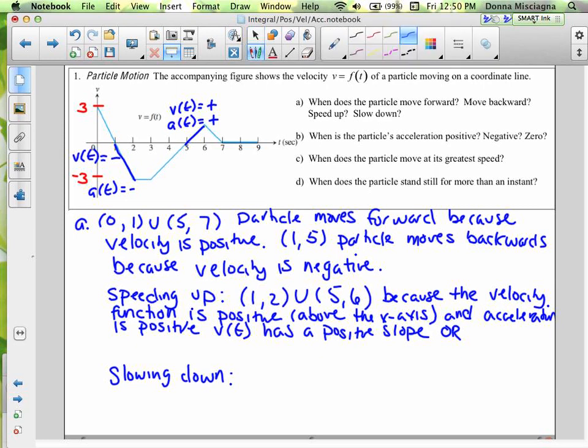For 5 to 6, let's put v of t. I don't want to run out of space again. V of t is negative. And you know, 1 to 2 was the negative.